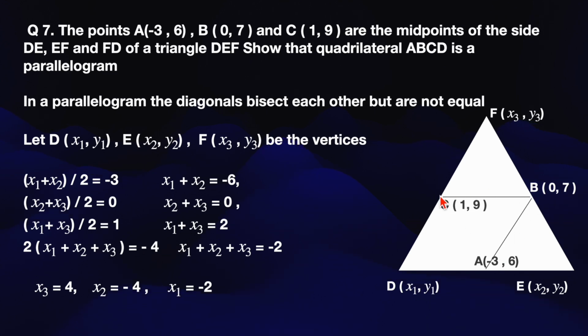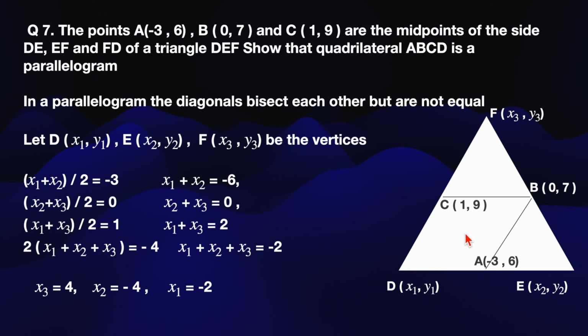A, B, C are the midpoints of these sides, and the coordinates of the midpoints are given. What we have to prove is that ABCD is a parallelogram. Here we have to prove that the midpoint of this diagonal is the same as the midpoint of this diagonal, just like in the previous sum that we did.